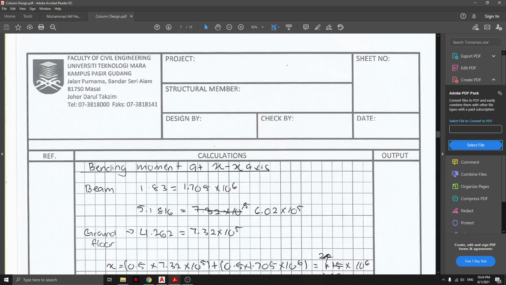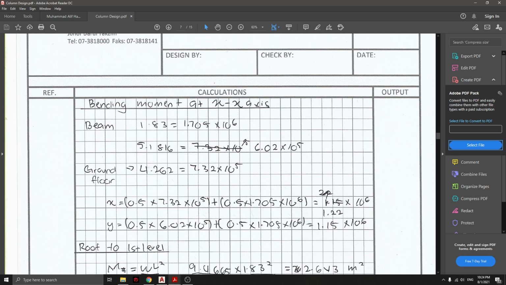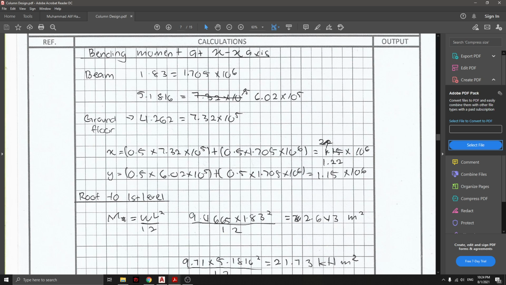Then for the bending moment at axis, beam, ground floor, this is the same as X above, and Y is for ground floor.